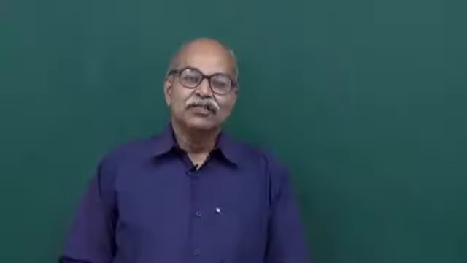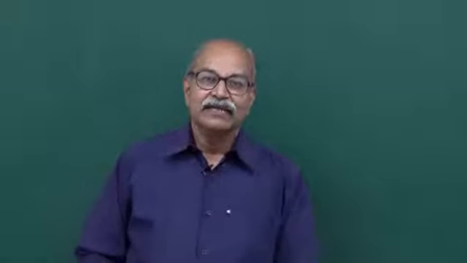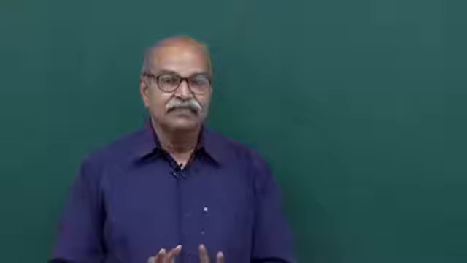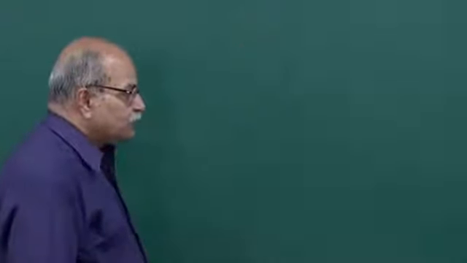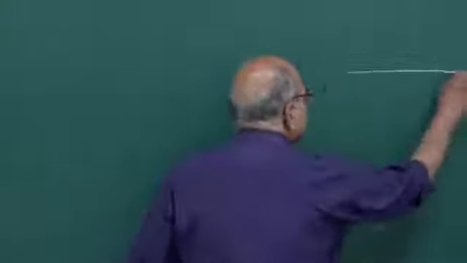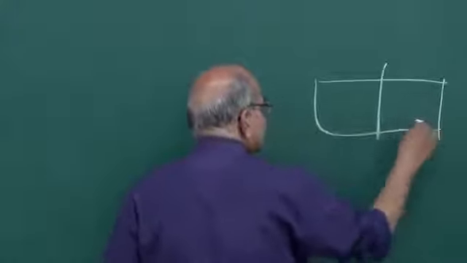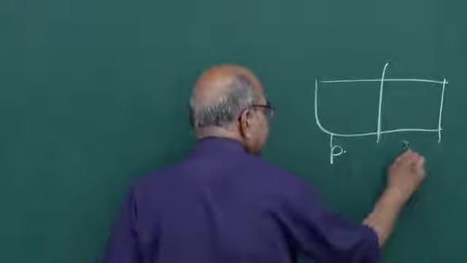So, we talked about p-n junctions and how diffusion takes place in a semiconductor p-n junction. Suppose this is your p-n junction that we represent in this fashion. This is the p side, this is the n side.